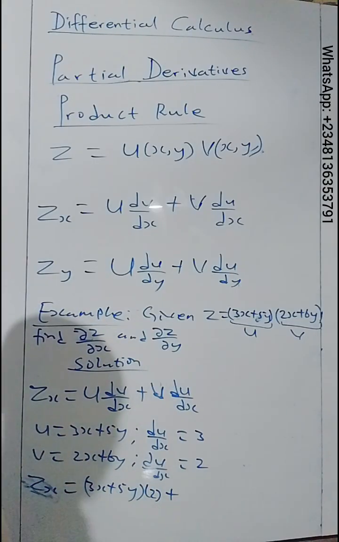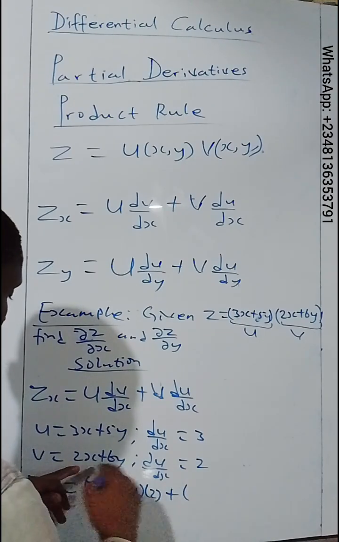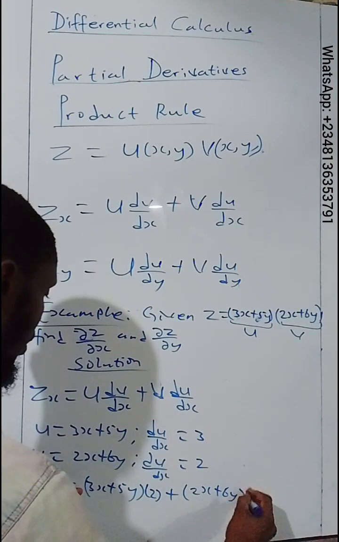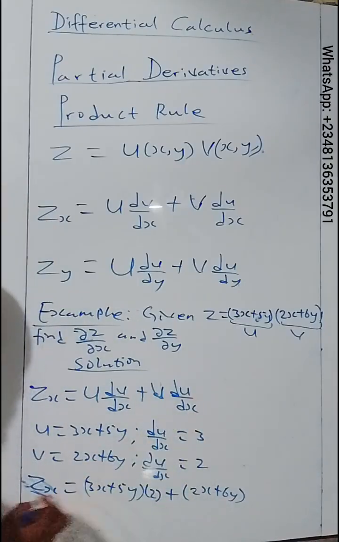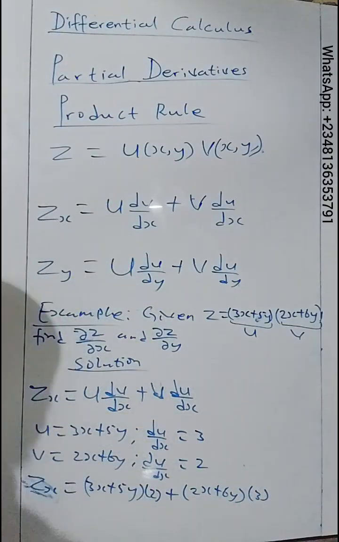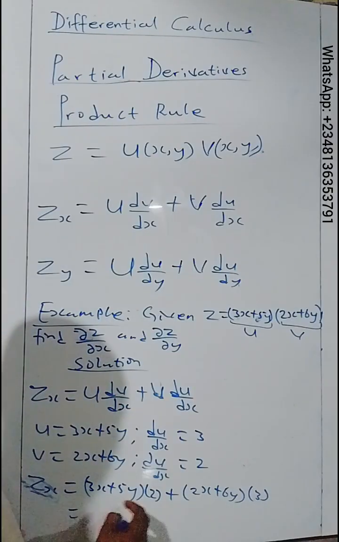Then plus v, which is 2x plus 6y, times du/dx, which is 3. Then we are good to go.